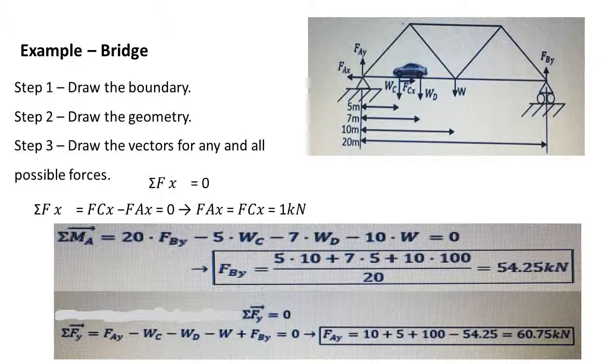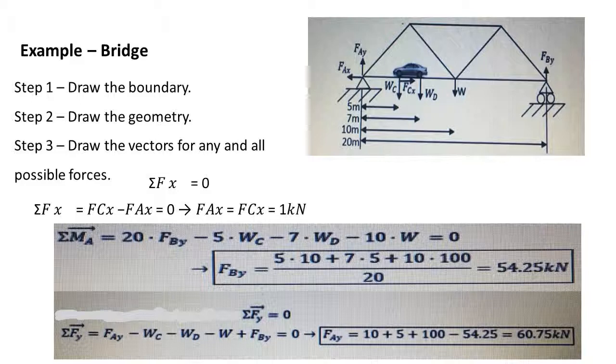So the distance of the force at origin B is 20, so I multiply it by the force, minus 5 meters, which is the distance of the front of the car to the origin A, and we assume it negative because it's downward, minus 7 meters times the weight of the back of the car, minus 10 meters, the distance to the middle of the weight of the bridge, which equals 0.